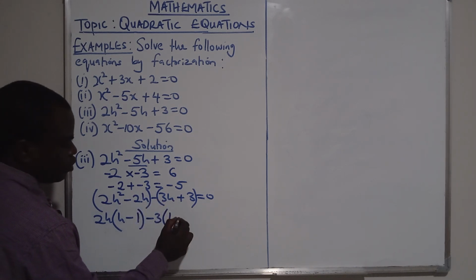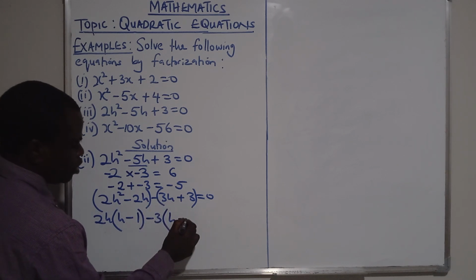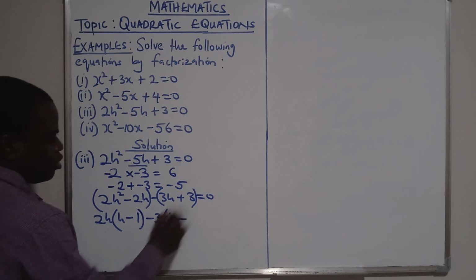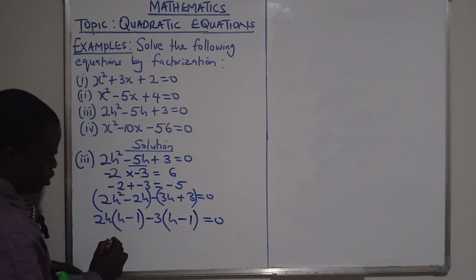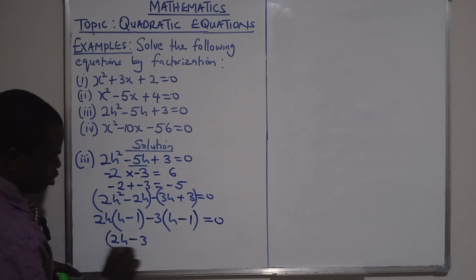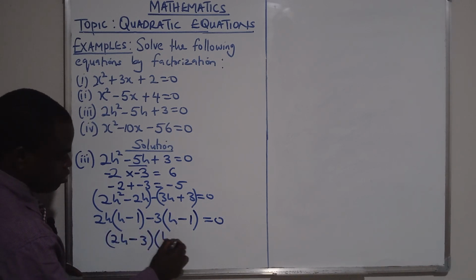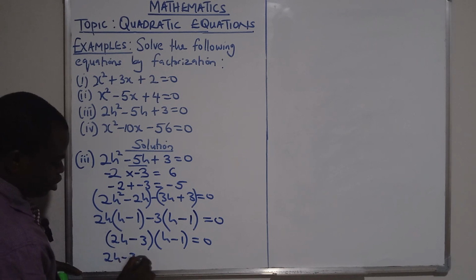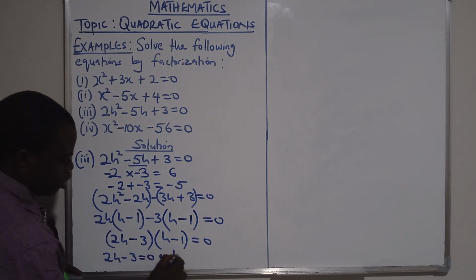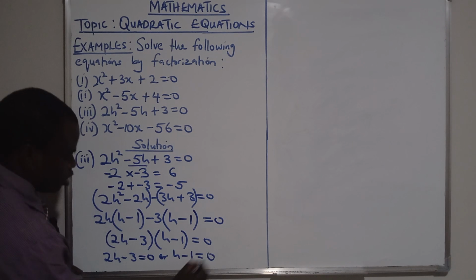Minus times positive gives you negative, and positive gives you negative. Okay, 3 goes in 3, 1. Now I have 2h minus 3 bracket h minus 1 equals 0. Now 2h minus 3 equals 0, or h minus 1 equals 0.